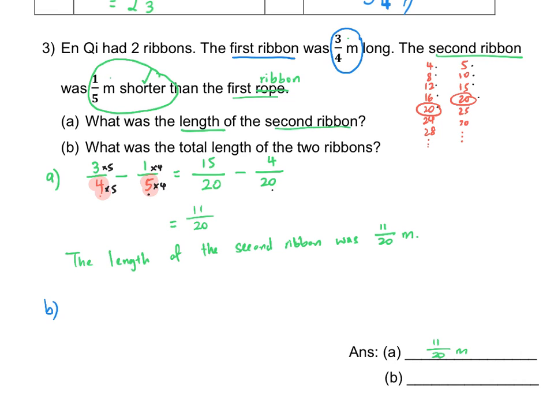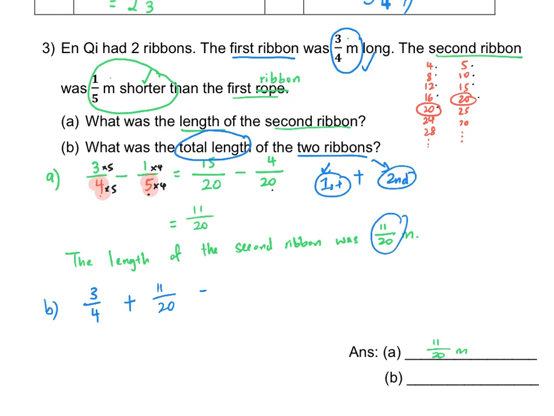What was the total length of the two ribbons? So you must take the first ribbon plus the length of the second ribbon. First ribbon was 3/4 meter plus the second ribbon is 11 twentieths meter.